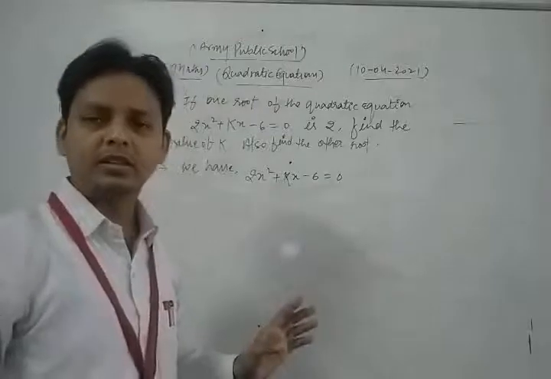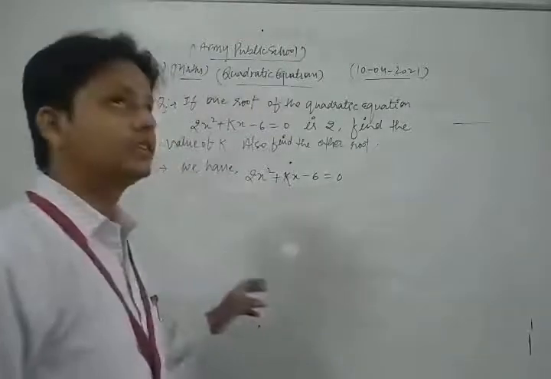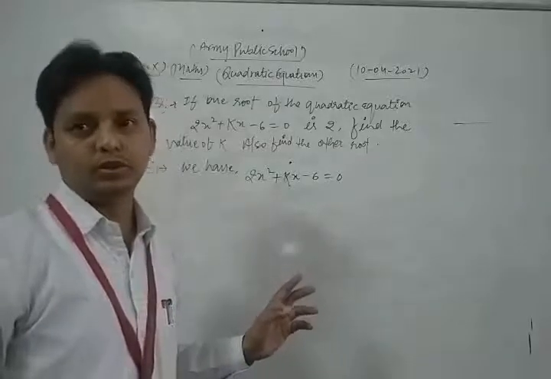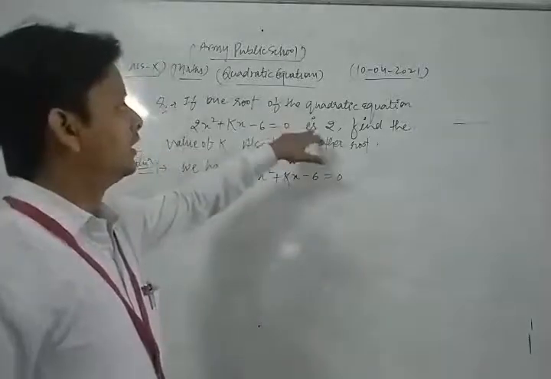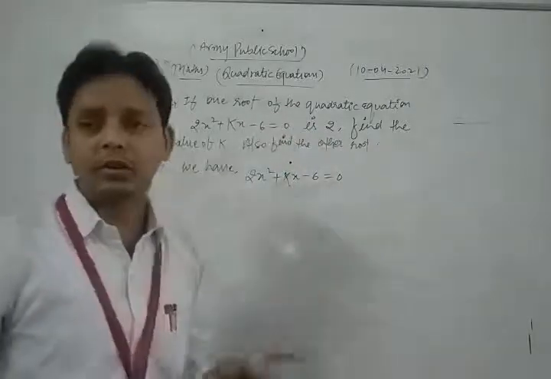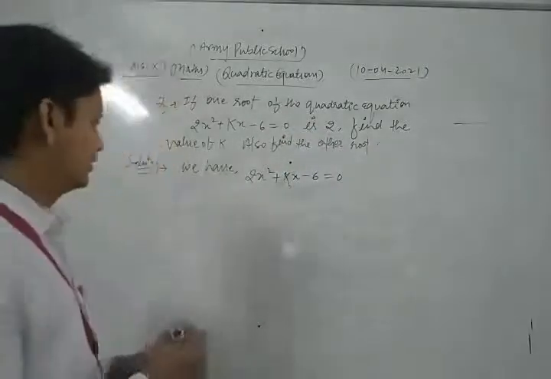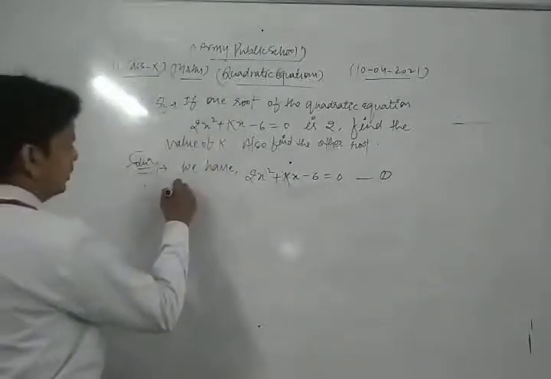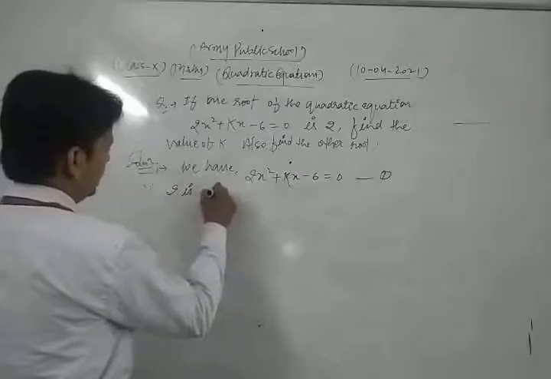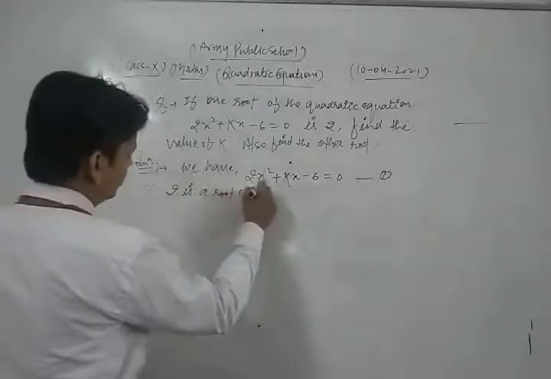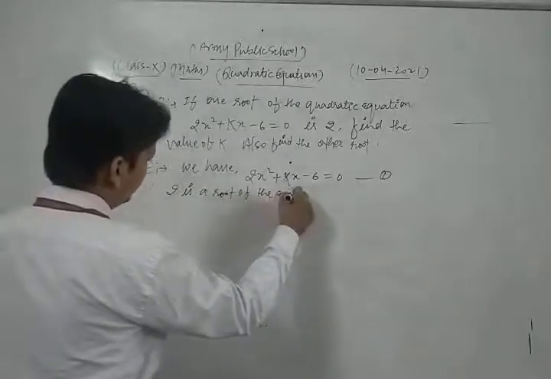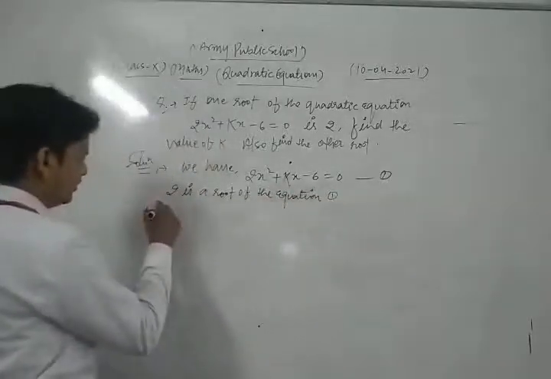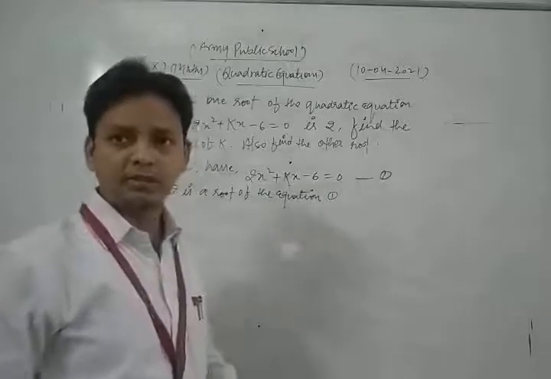This is a quadratic equation, and here one root of that quadratic equation is given as 2. So since we take equation 1, since 2 is a root of the equation, it must satisfy the given equation.